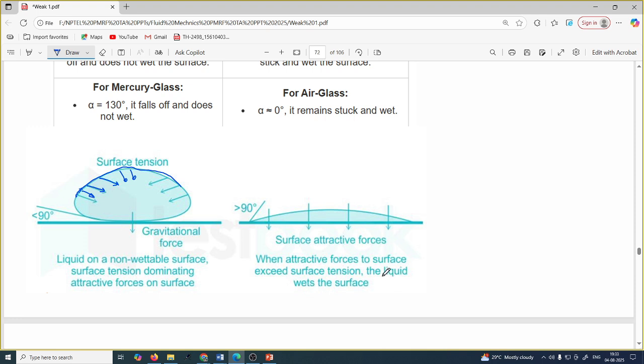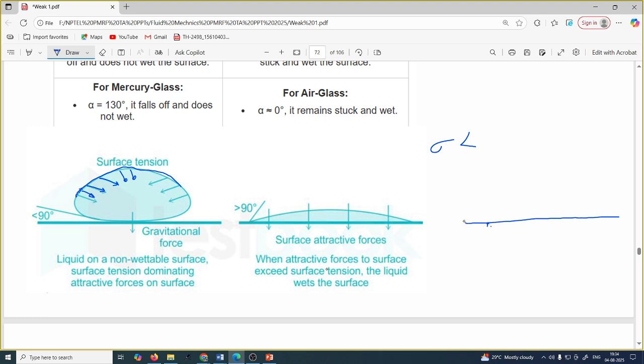If the surface has no liquid on it and you put water there, then when the surface tension force is less than the attractive force to the surface, the liquid wets it. Your surface also has an attractive force.